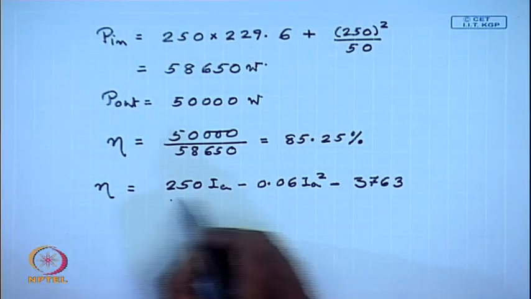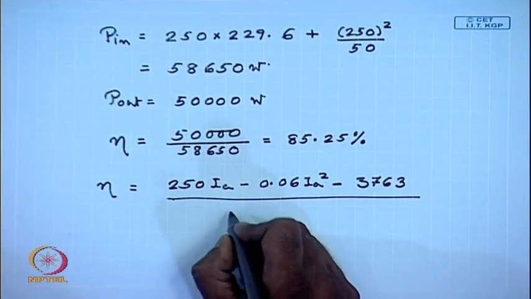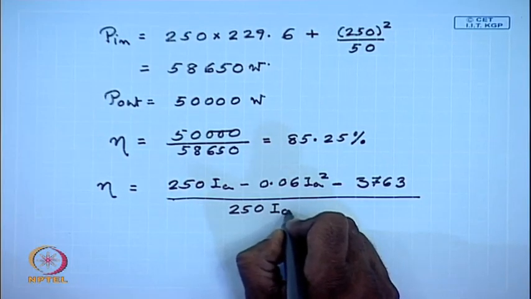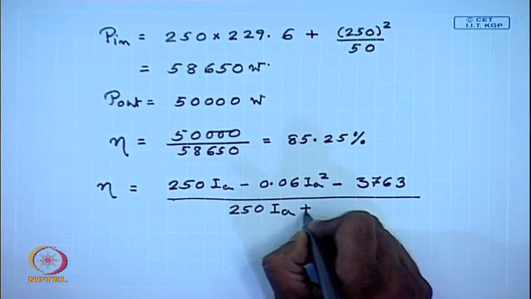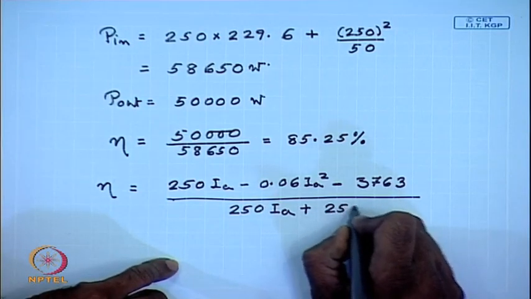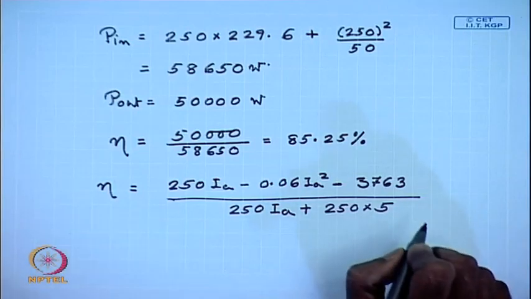This is the output power at any armature current, and the input power is 250 IA plus 250 into field current, which is 5 amperes.